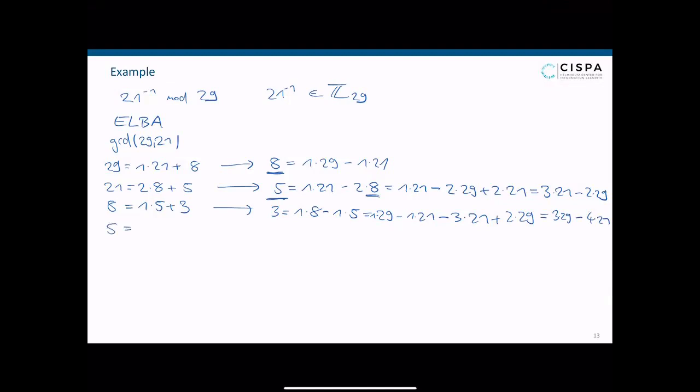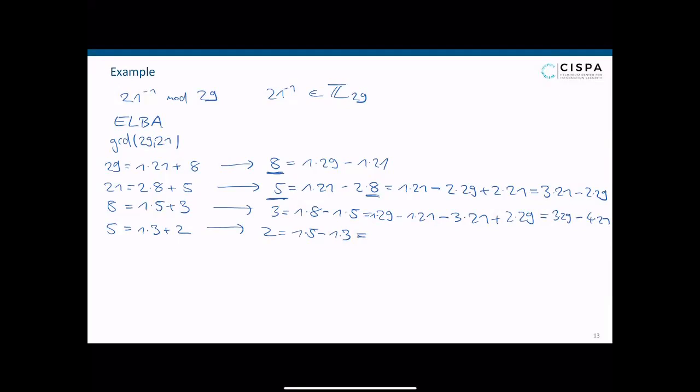Let's continue. Here we continue with Euclid's algorithm and divide 5 by 3. So 5 is 1 times 3 plus 2. So we get 2 equals 1 times 5 minus 1 times 3. But now we already have these expressions of 5 and 3 as linear combinations of 29 and 21.